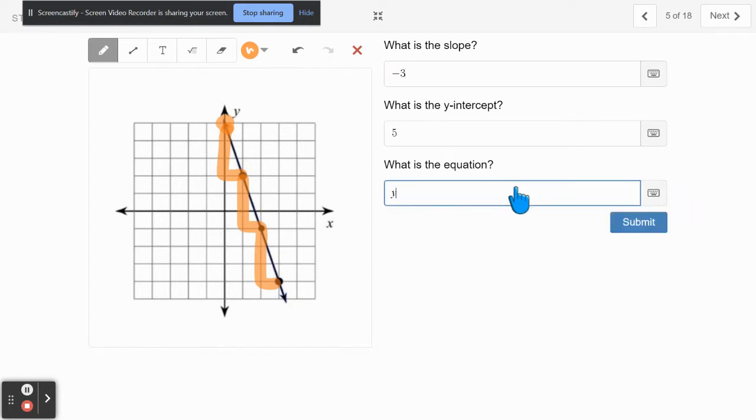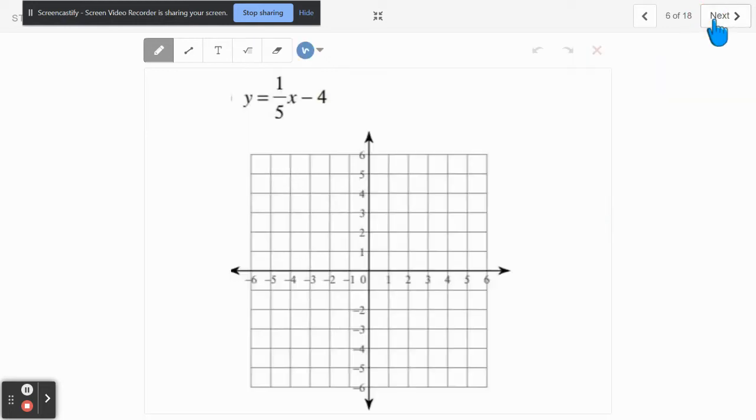Notice the slope is not -3x. And then write it out, -3. Then the x is part of the equation, +5. All right, go ahead and do it on your own. We start at -4, rise 1, run 5. There's your answer. Okay, keep it going.